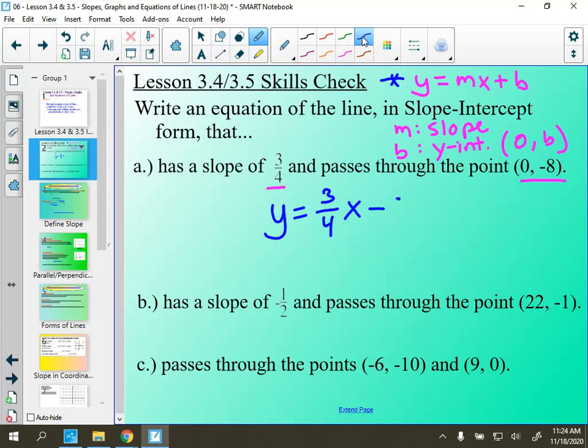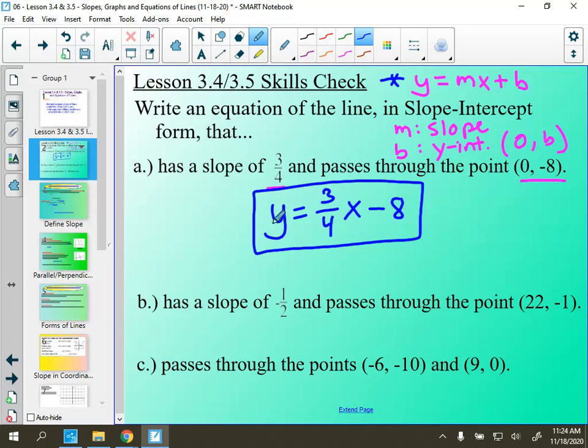I would probably write it as -8, or you could write it as plus -8. So we're easing into it. If I get the y-intercept, that's extremely convenient, one specific point, (0, -8). Most of the time, as we'll see in the next couple examples, we don't know that point. We actually have to figure it out.